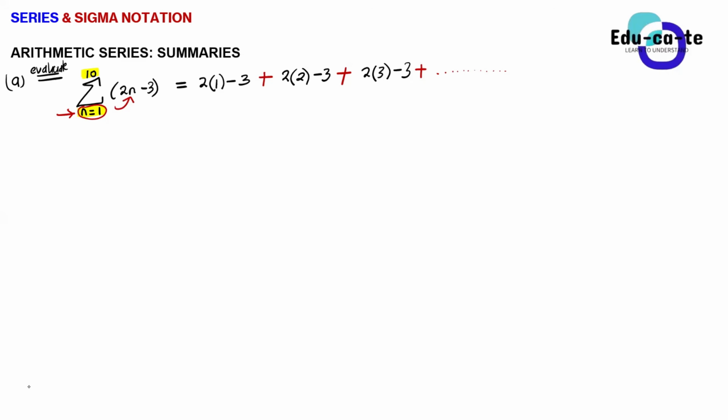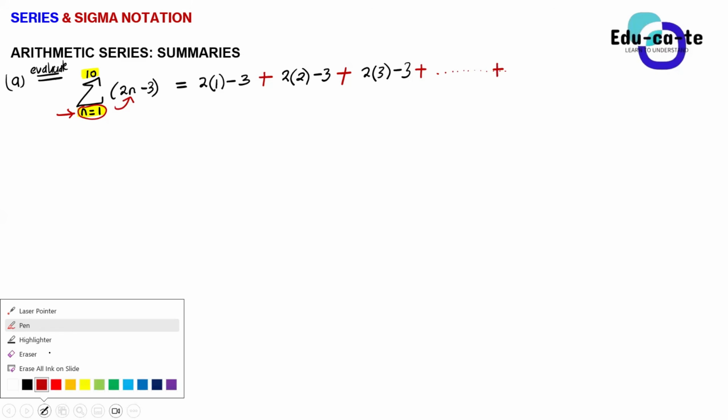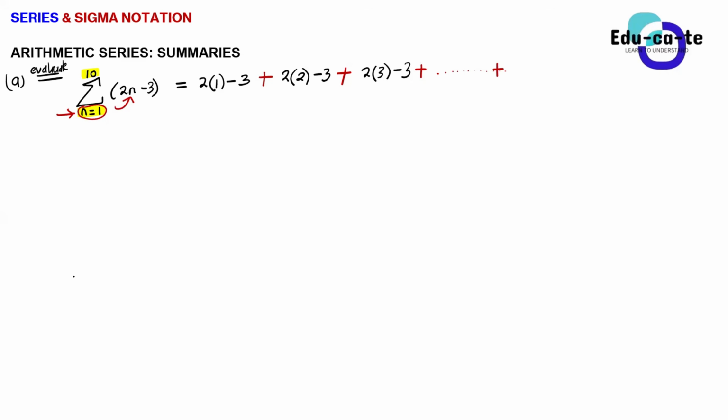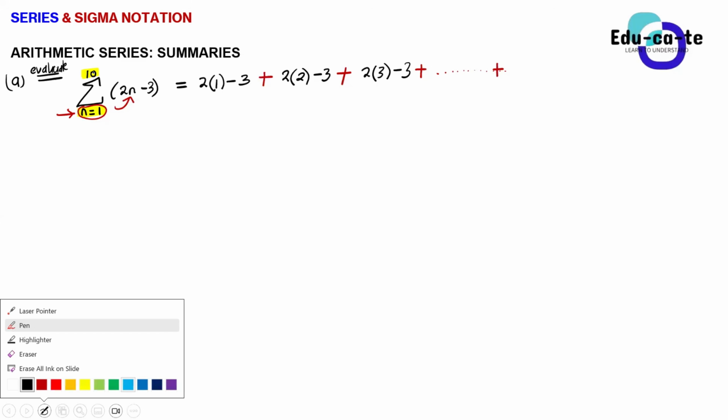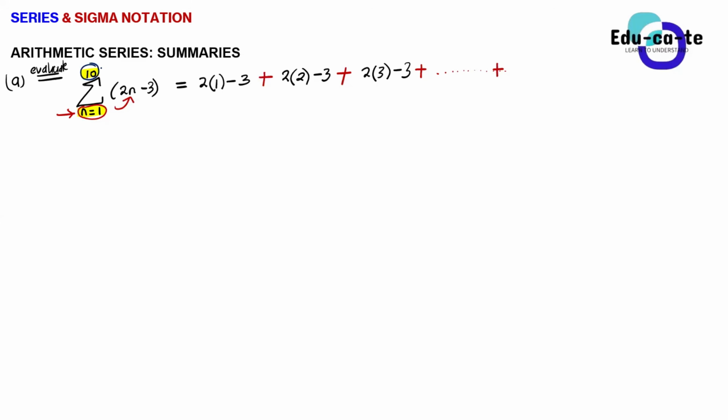But this one is only 10 terms. How are you going to get the last term? What is the value of n that you will substitute to get the last term? 10. So, guys, this 10 here is the largest value of n, the maximum value of n that you're going to substitute.